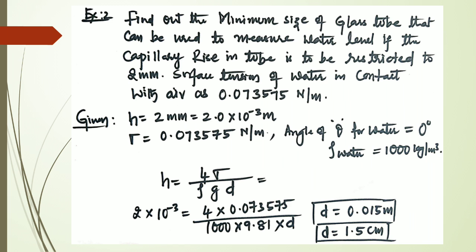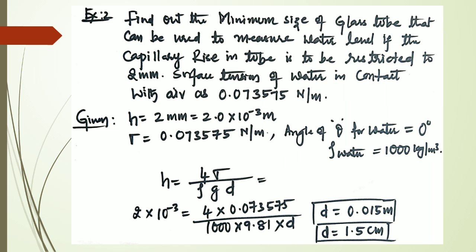In the problem, h is given, h is equal to 2 mm. Convert that mm into meter. Then surface tension is given. For water the angle theta is 0 degrees. Therefore, the density of water is 1000 kg per meter cube. So this is for water.